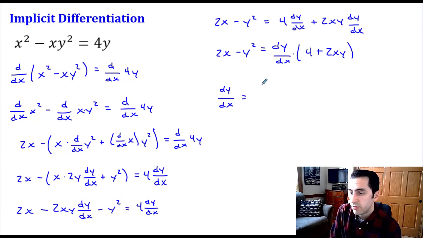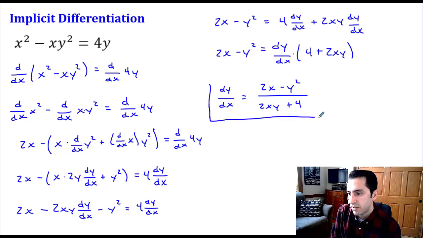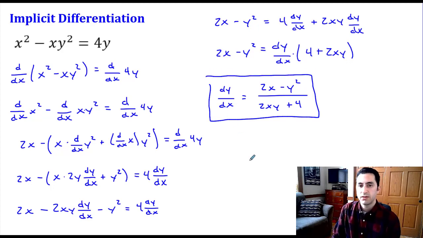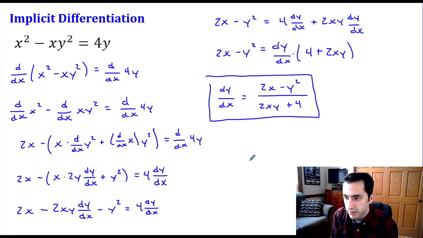So the derivative, using implicit differentiation, is 2x minus y squared all over 2xy plus 4. And because dy over dx is our notation that represents the derivative with respect to x, here's the derivative of our equation.